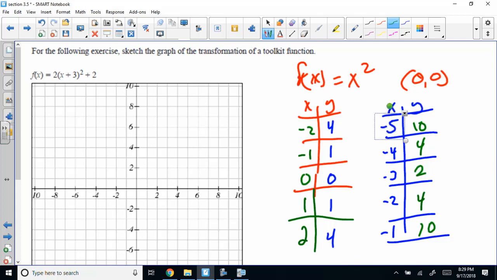You do it, okay? The outputs, look guys, you got to make sure you understand this. This is 2 times f of x plus 2, right? That's really what you're looking at. And f of x is the same as what? The y, right?